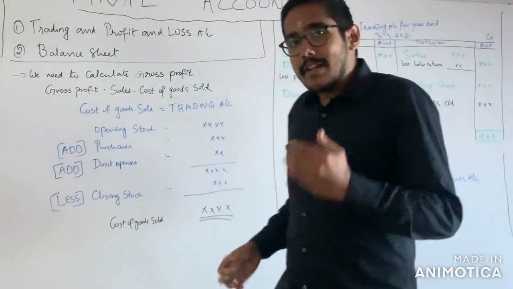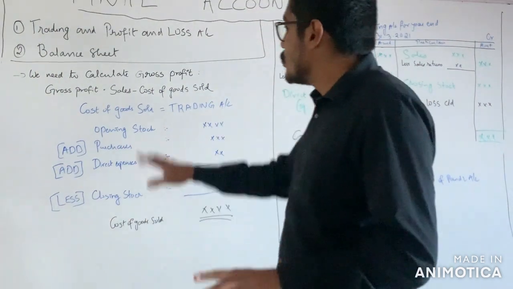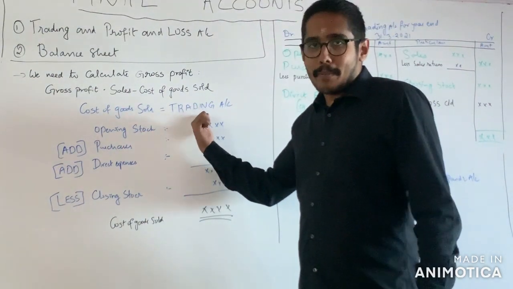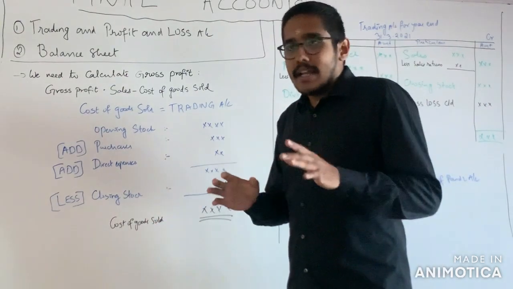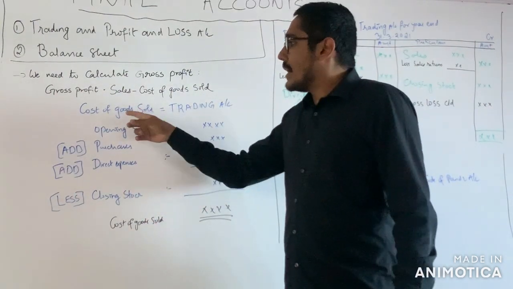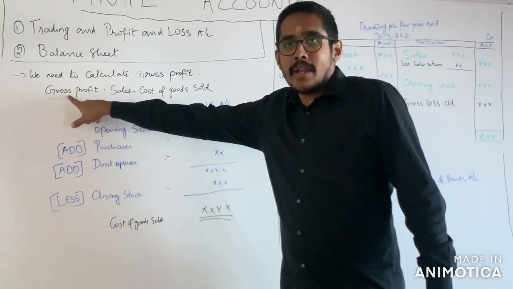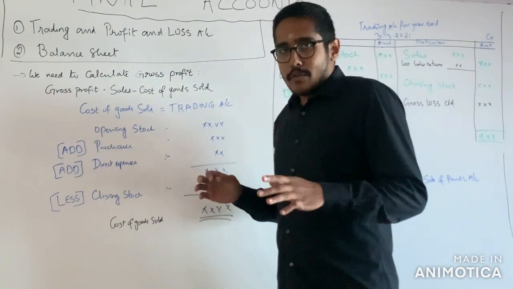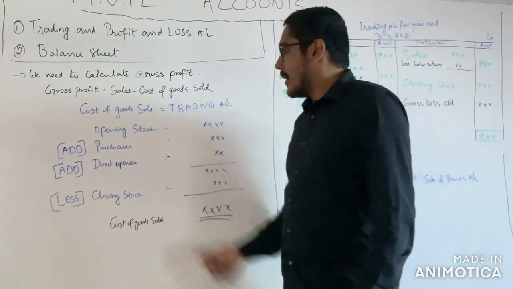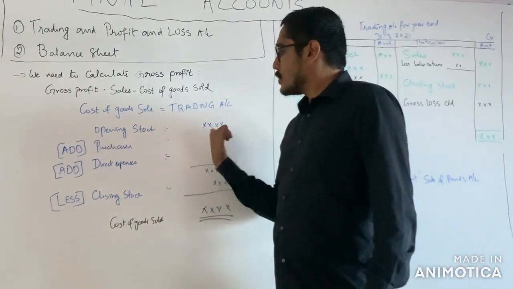If we try to define cost of goods sold, we'll be preparing a trading account or using this kind of formula. It is ideal to create a trading account to find out cost of goods sold and thereby gross profit. So when it comes to cost of goods sold, this is the formula. First one, you have to write opening stock.